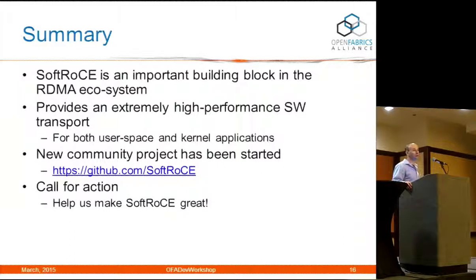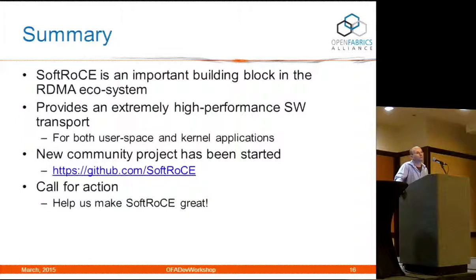One of the directions to go is just add ODP support for soft RoCE. There are cases where you actually want to have pinned memory. The cases where you want consistent, low jitter, high performance applications, that's where you want pinned memory. And in the cases where you know that you're not going to thrash memory, and you have a long running application, you're going to page in your working set, that's the place where you use ODP. So we can add ODP support for soft RoCE. It's going to be pretty straightforward.